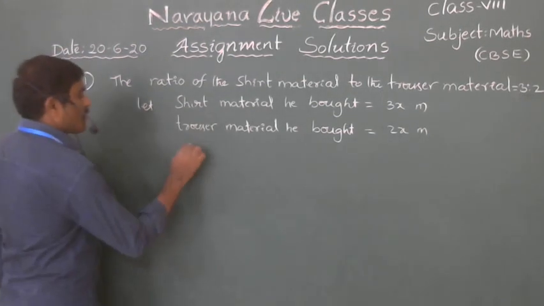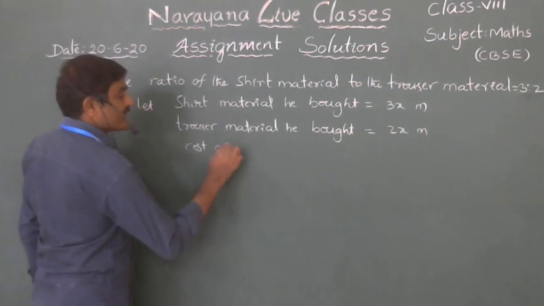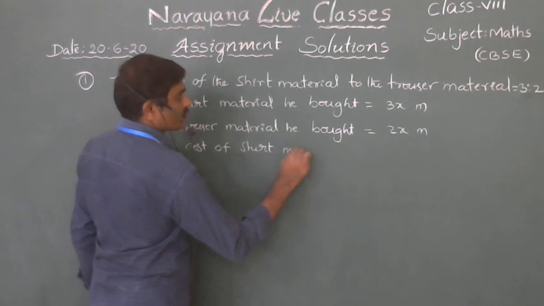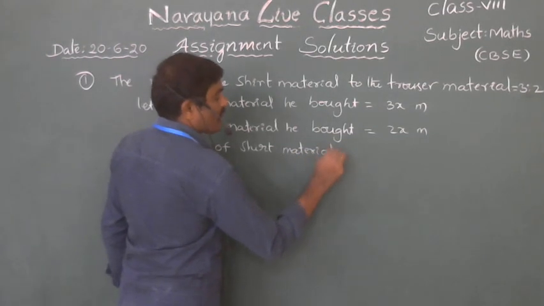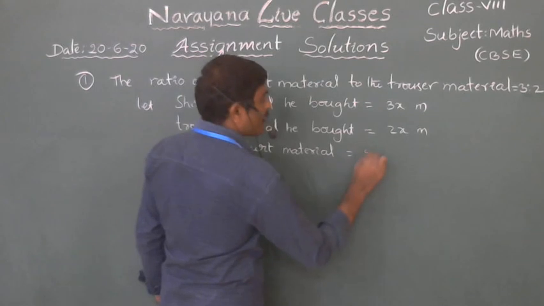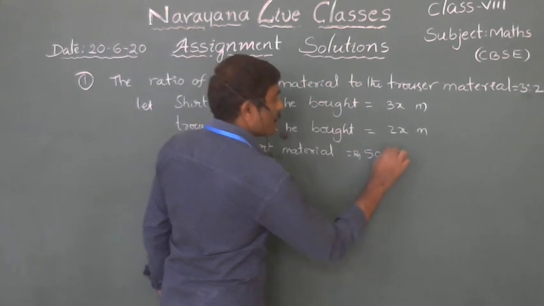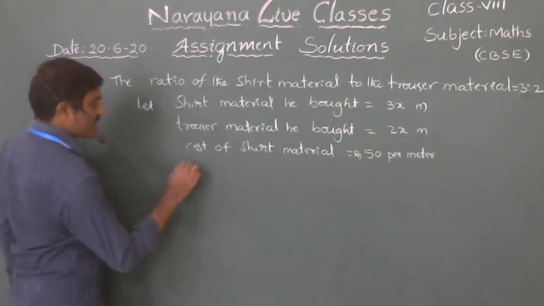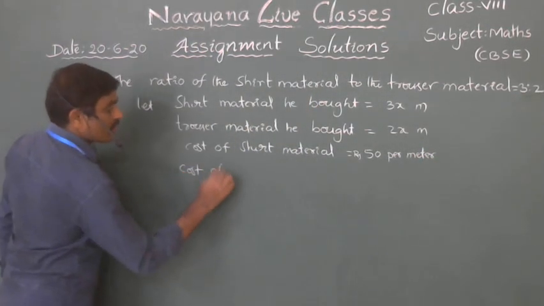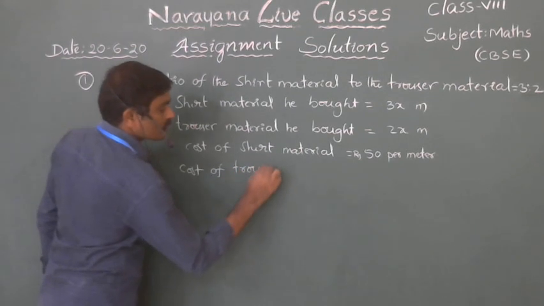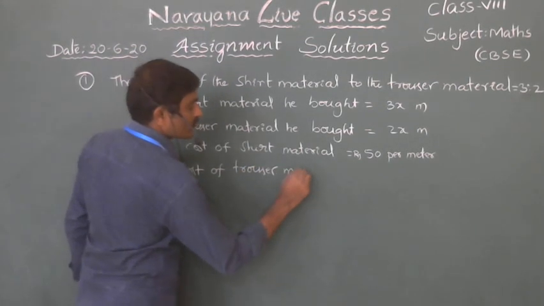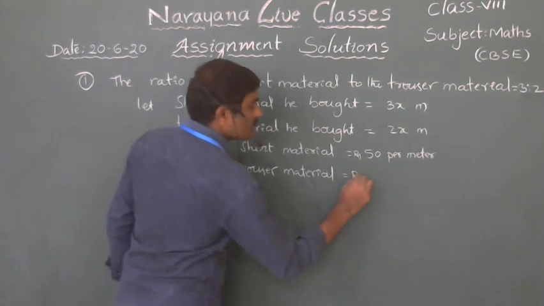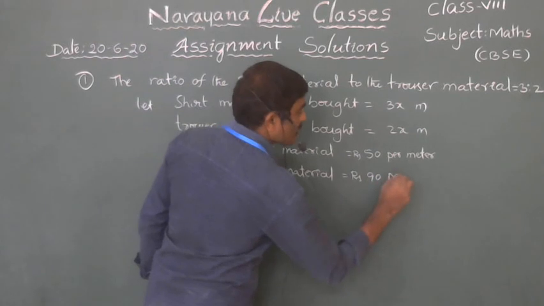Cost of shirt material is equal to 50 rupees per meter. The same way, cost of trouser material is equal to 90 rupees per meter.